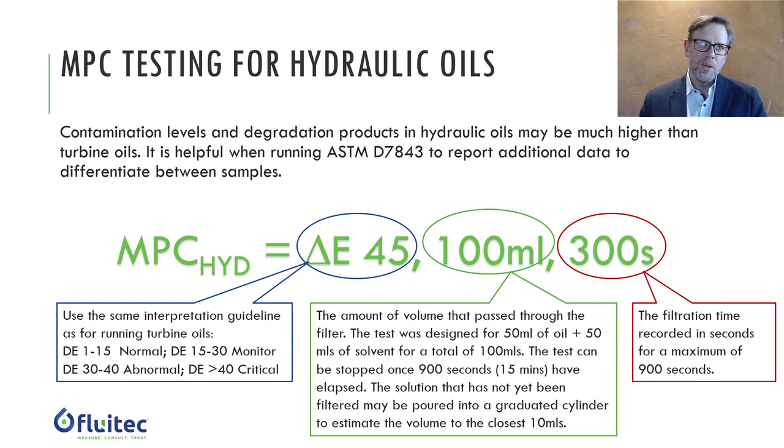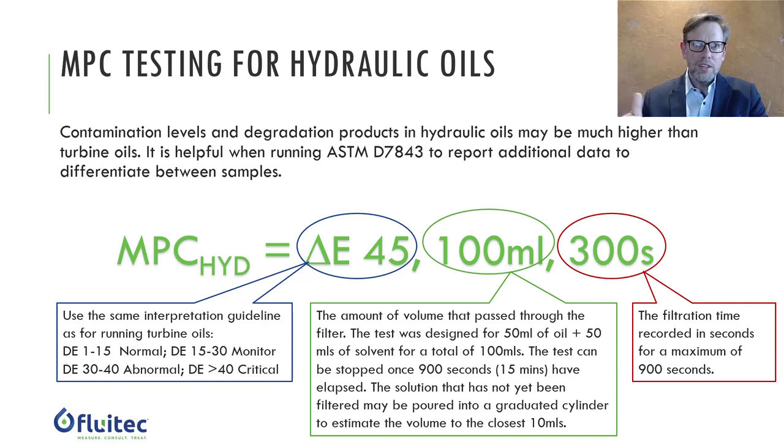So in the world of turbine oils, virtually all even severely degraded turbine oils will make it through the patch. In the case of hydraulic oils, sometimes we see fluids that are so severely degraded or contaminated that it will block the patch. And so actually measuring how much of that fluid makes it through the patch is certainly of value, and how long it takes to filter.